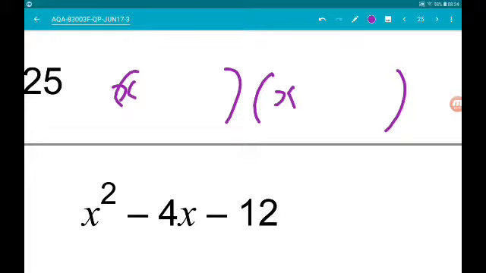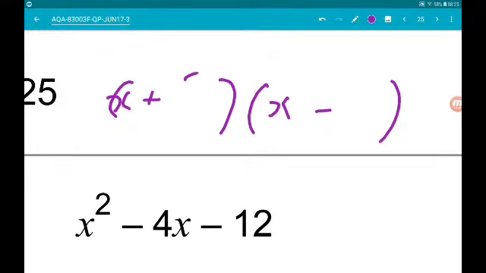Now we need two numbers that are multiplied to minus 12. So the only way that we can get a minus 12 is if one is positive and one is negative. So let's put a plus and a minus there. And then we need to end up with a minus 4x. So these two numbers need to add together to minus 4.